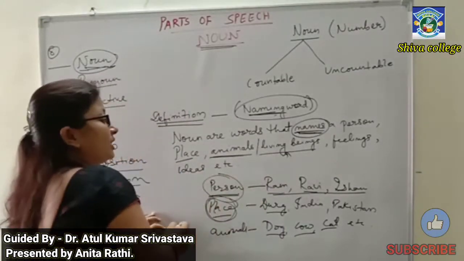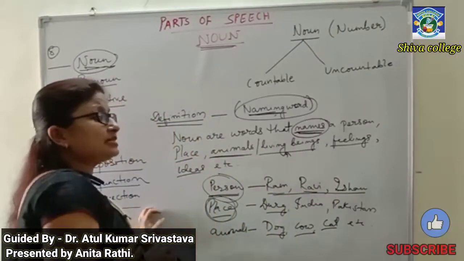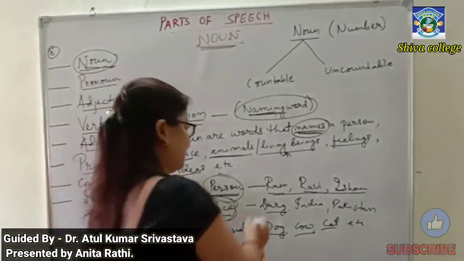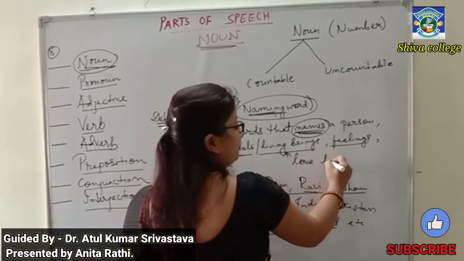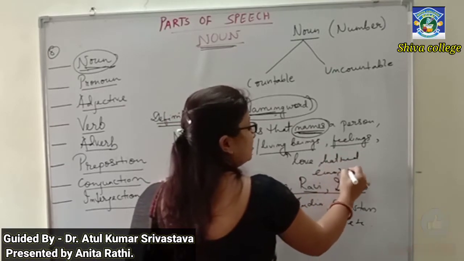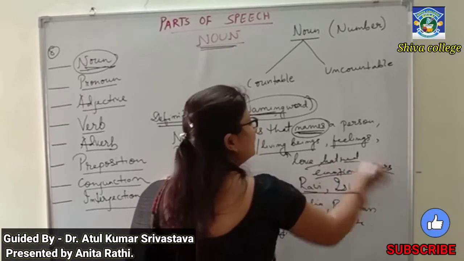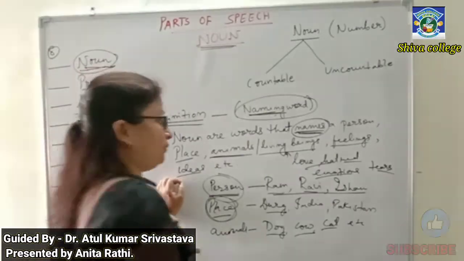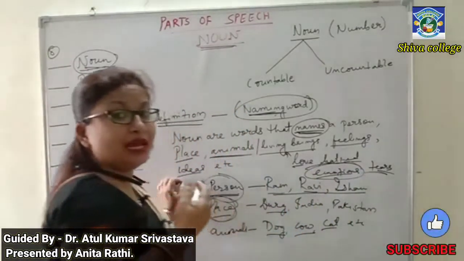Then feelings or ideas. Feelings or ideas are also termed in the category of noun. How? Like we can say love, hatred, emotions, tears. These are the names of your feelings, names of your emotions. When we are talking about emotions, love, hatred, tears, these are all emotions.